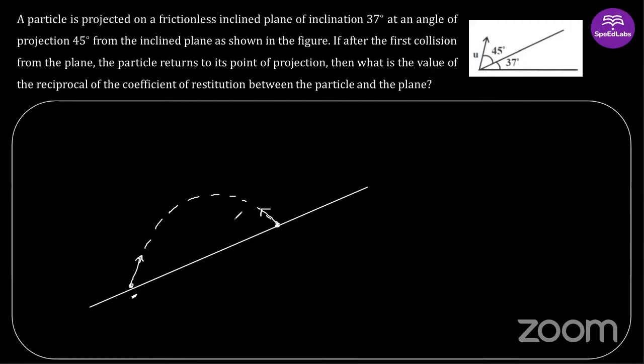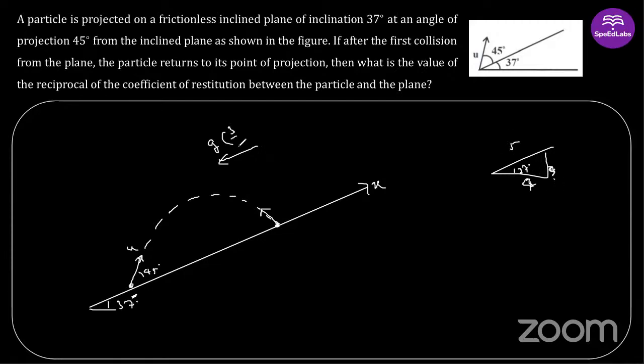A lot of things are given. The angle of the plane is 37 degrees, and this angle is 45 degrees. U is not given. So this is U. I'm treating this as the x-axis. The acceleration in this direction is g sin alpha, so g sin 37. Sin 37 is 3 by 5, from the 3, 4, 5 triangle.